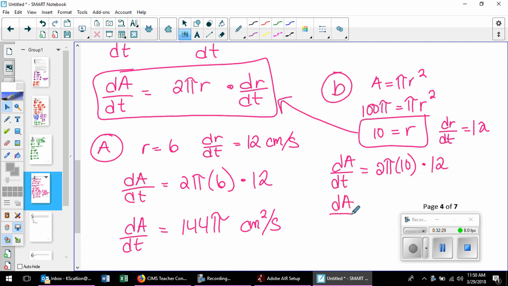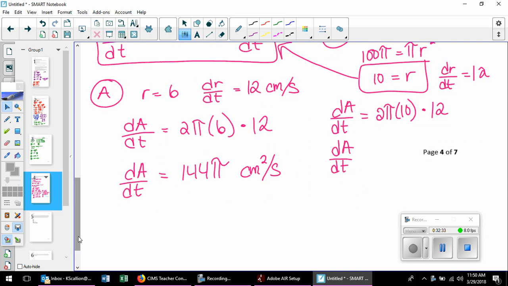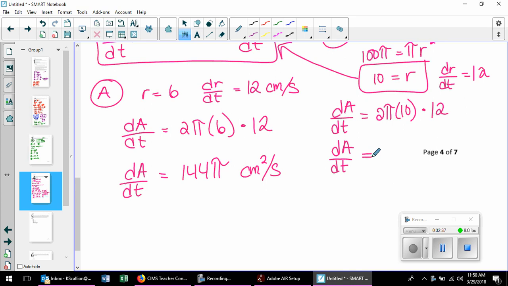Feel like we should still leave it in terms of pi. 20 times 12, 240. 240 pi centimeters squared.